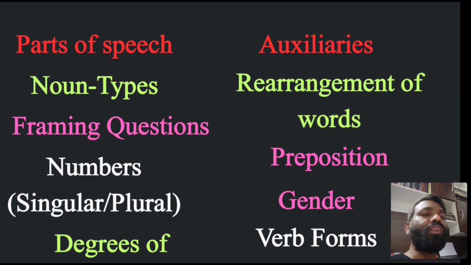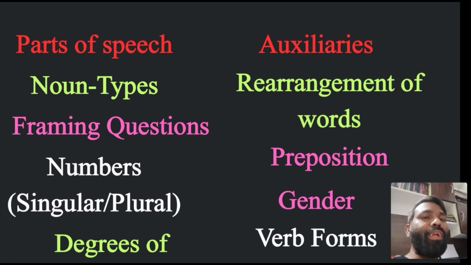Here they will give one sentence and ask you to identify the part of speech of any one word or the underlined word. The second element is noun and its types. Especially they focused on collective noun, but we can go for any other types also.